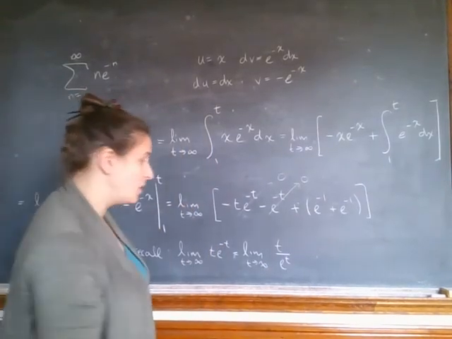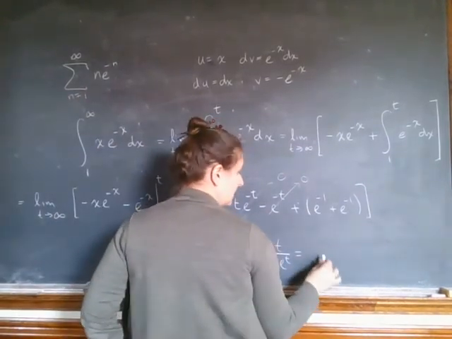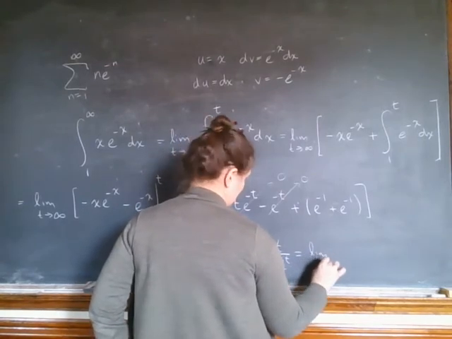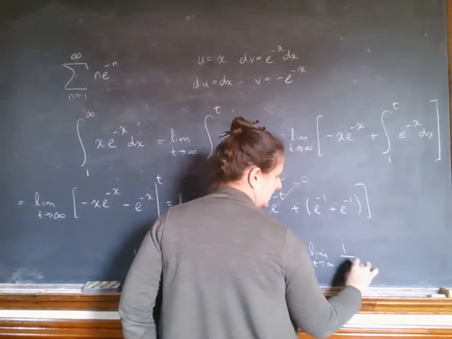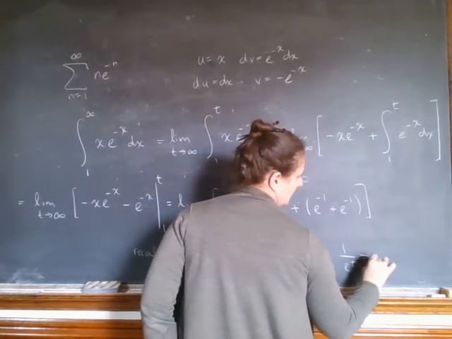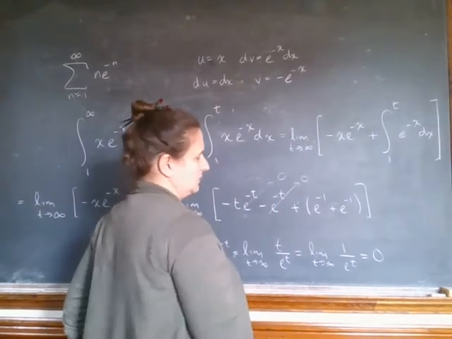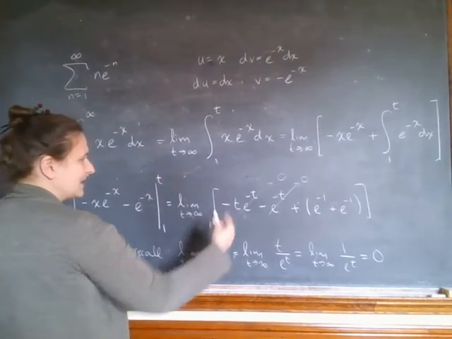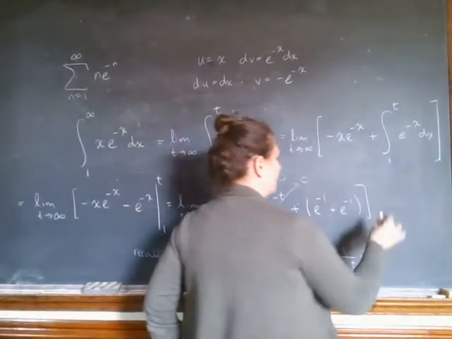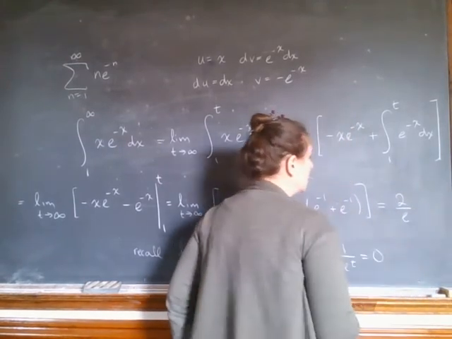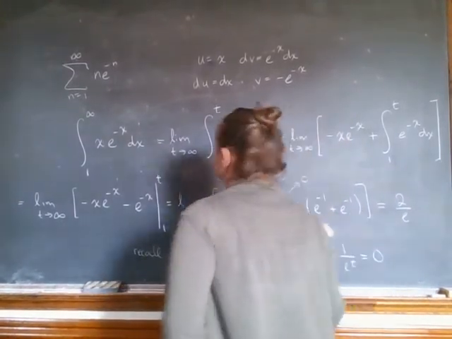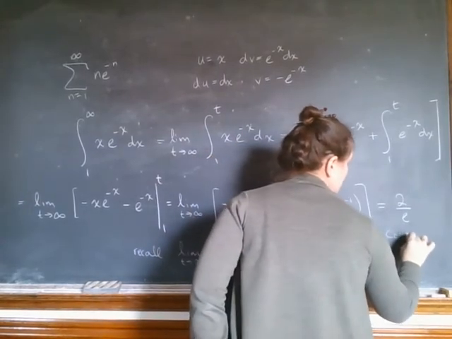Now it's infinity over infinity. L'Hopital's rule gives me 1 over e to the t, which then goes to 0 because it is 1 over infinity. Both of these guys go to 0. I'm left with 2 over e. Okay? So it converges.